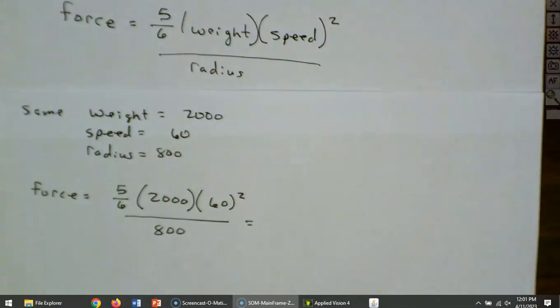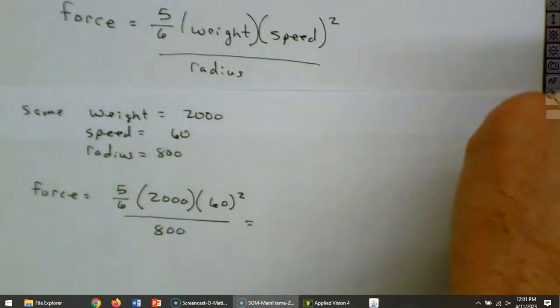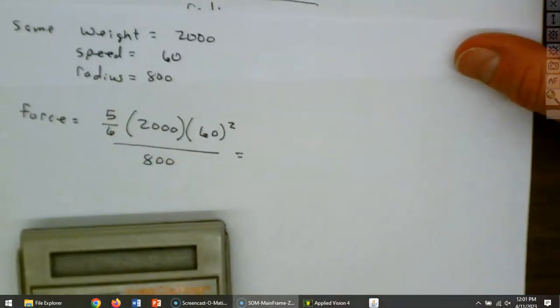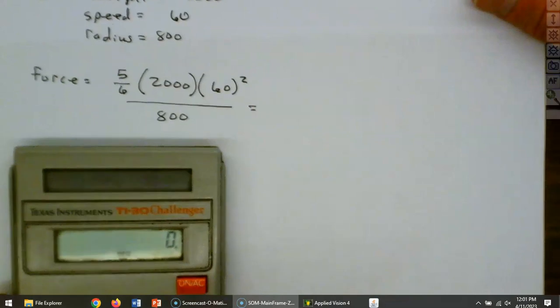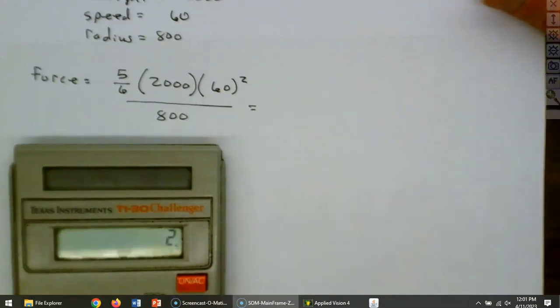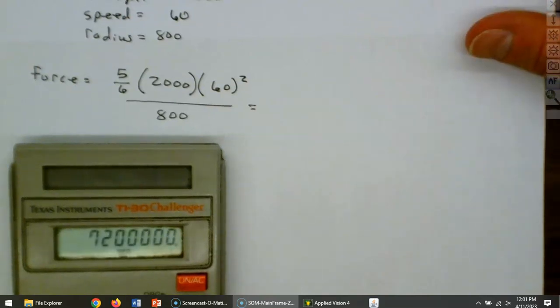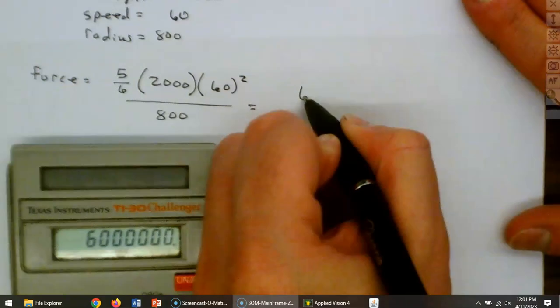And let's see what that gives us here. And we've got our 60 squared. We're going to times that by our 2,000. So let's put it in the calculator so we can see what we have here. All right, we've got our 2,000. We're going to multiply that by our 60 squared, because that's our speed. That gives me that. Then we're going to multiply that by your 5, divide that by your 6, and that gives you that for the top half.